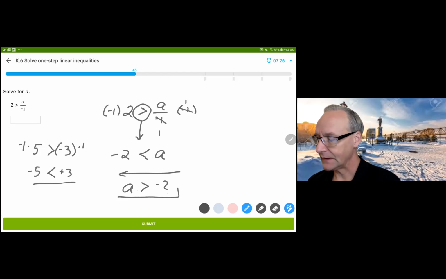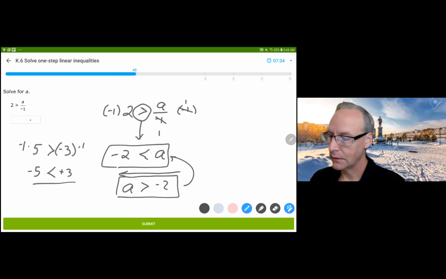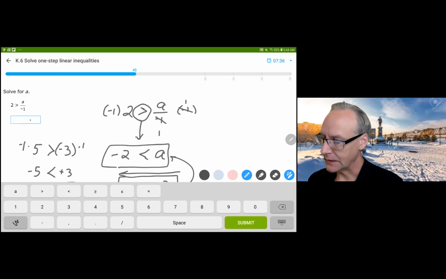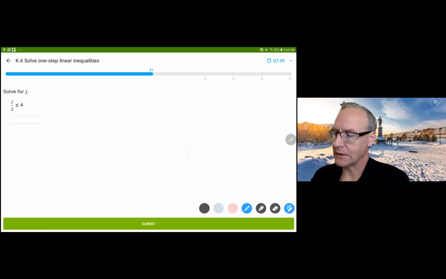So there's a lot of things happening here. You can write either one of these. This one is probably the safer one. And I get -2 is less than a. Notice that I changed the sense of the inequality. Okay, there's a lot of stuff going on there. So I'm going to let it go for now.